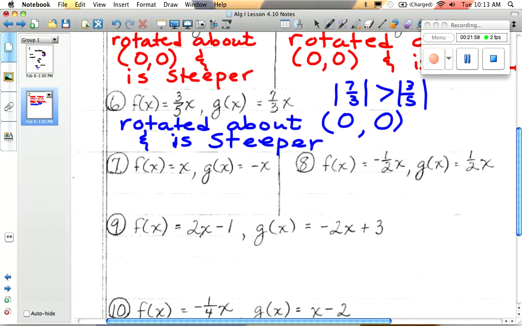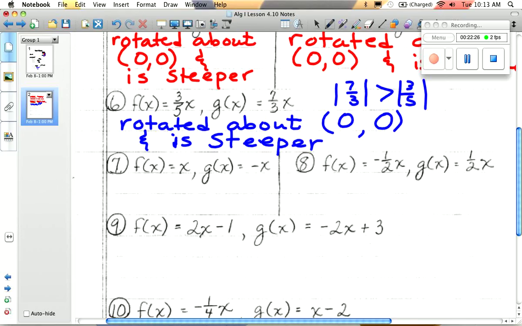Did the y-intercept change? Well, the y-intercept for f of x equals x. What's the y-intercept for that one? 0. What's the y-intercept for g of x equals -x? 0. Did it change? No, no translation then. What did change? The slope changed, and it changed to its opposite.